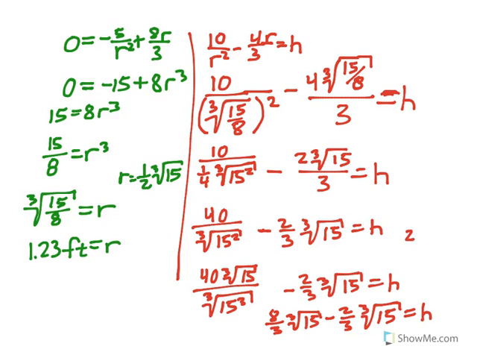So 2 times the cubic root of 15 equals h. Or, again, if you actually have to build this thing, you're going to say 4.93 feet.